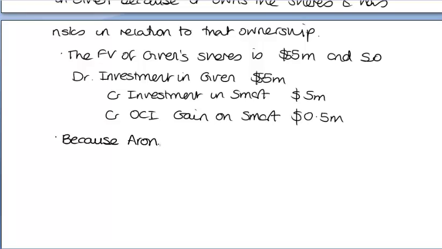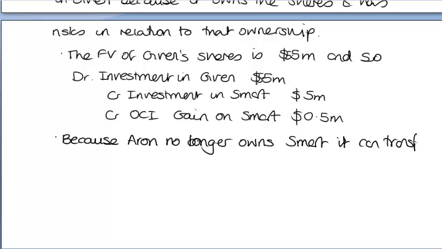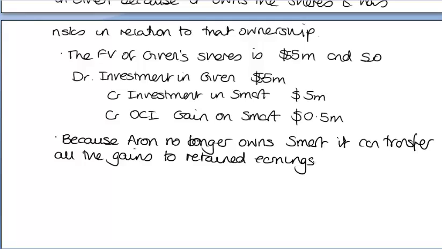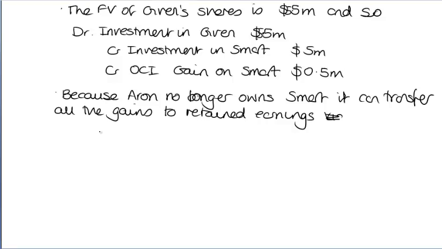Because Aron no longer owns Smart, it can transfer all the gains to retained earnings. So what are we going to do?